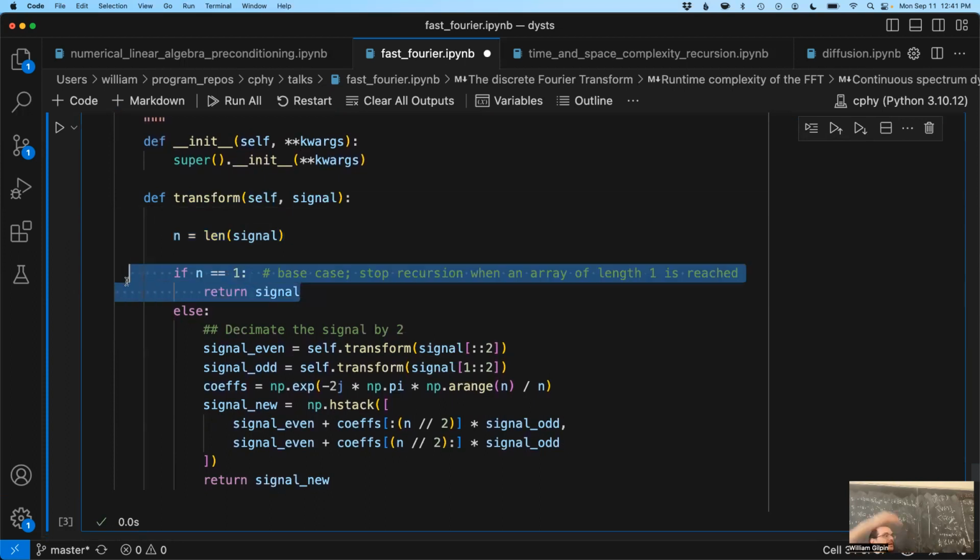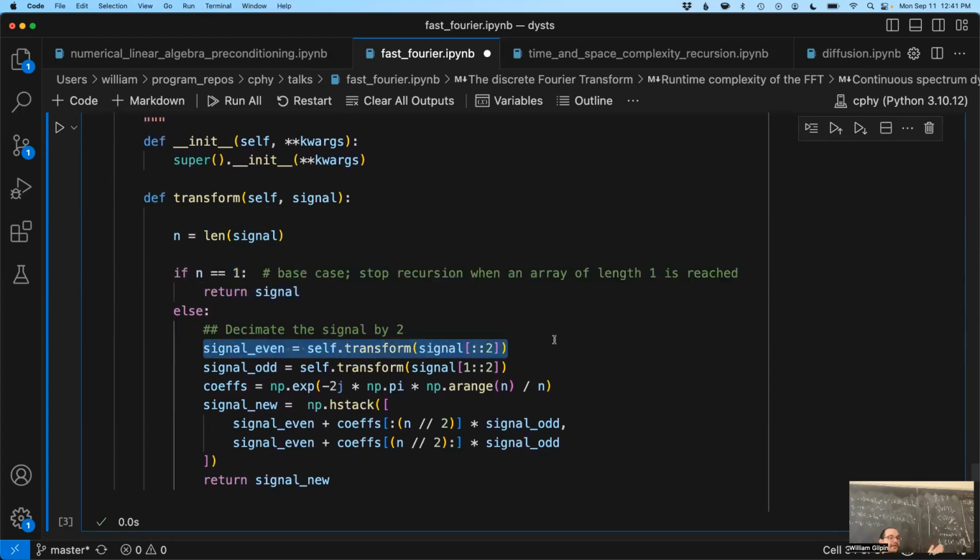If that length is 1, that's my base case. It's going to trigger a return. But if my length is not 1, it's going to split the signal into every other element, then pass both of those separately to itself. So just like every other recursive function, it's going to call itself on a decimated version of the series.